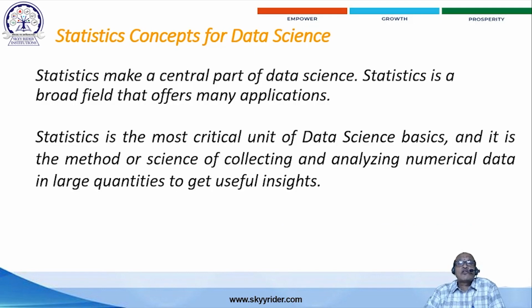The statistical concepts of data science. What is meant by statistics? Statistics is a central part of data science. Statistics is a broad field that offers many applications. If you have an idea in statistics, you can do miracles in data science, 100%. Data science basics: it is the method of collecting and analyzing numerical data in large quantities to get useful insights.